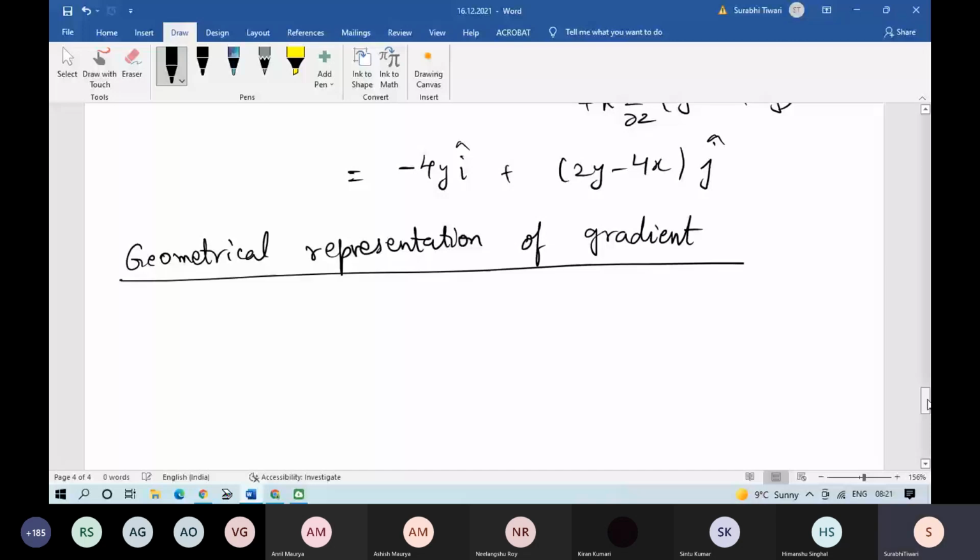Now, what does the gradient represent, right?